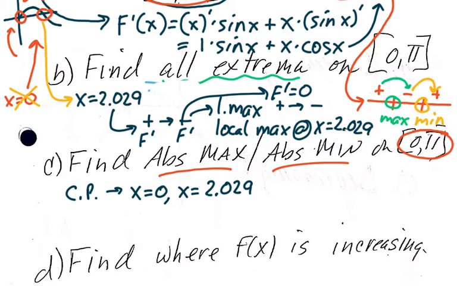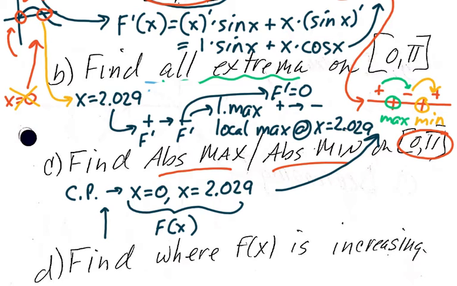Now, instead of doing a sign chart that we did up here, what we do is we take those values and we plug them back into the original function. And we try to figure out which x value is going to give me the highest y value and which one is going to give me the lowest. And that will give me my absolute max and absolute min.